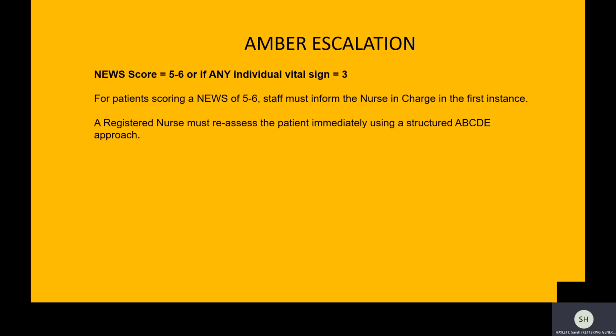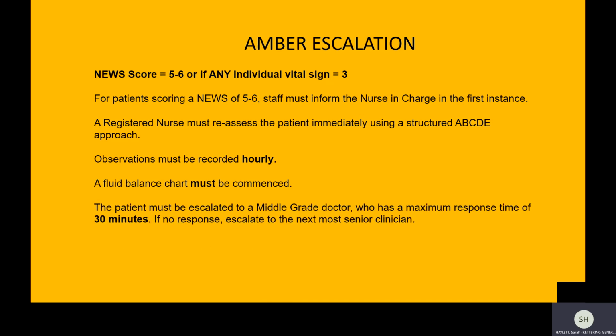A registered nurse must reassess the patient immediately using a structured ABCDE approach. Observations must be taken and recorded hourly. A fluid balance chart must be commenced, and the patient must be escalated to a middle grade doctor who has a maximum response time of 30 minutes. If no response, escalate to the next most senior clinician.